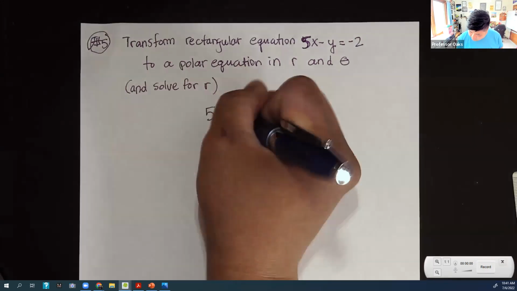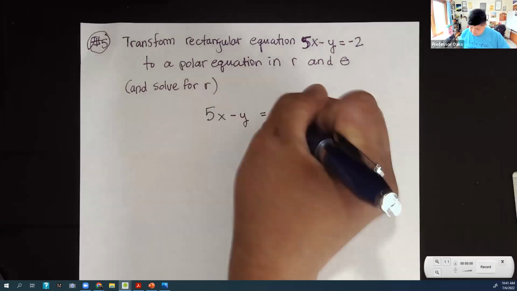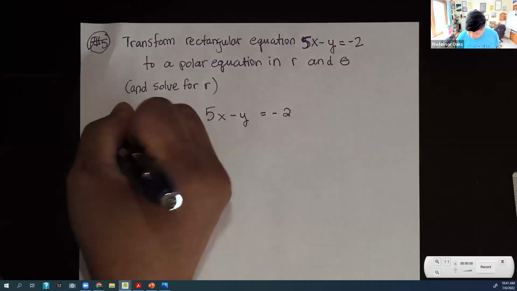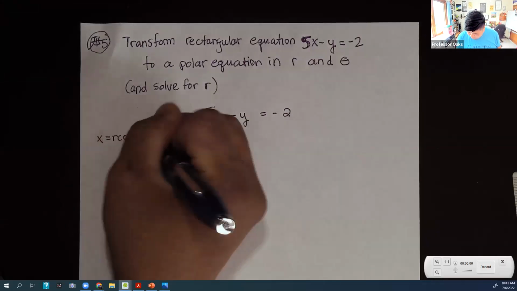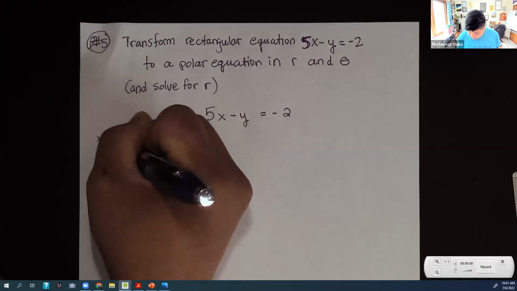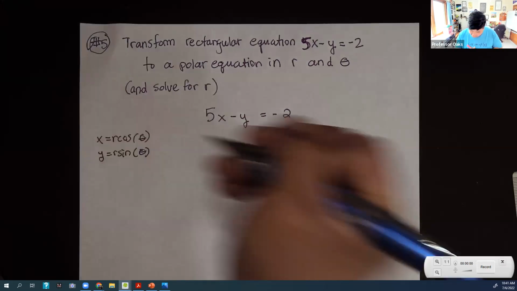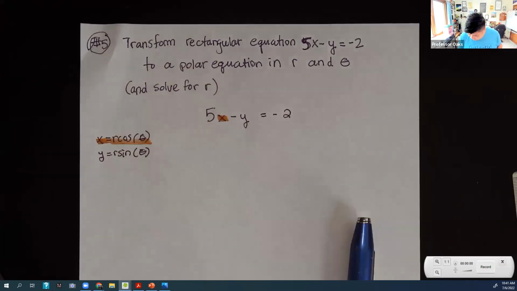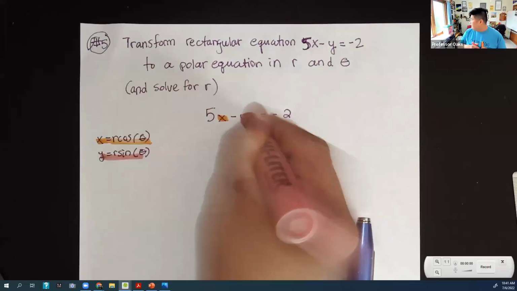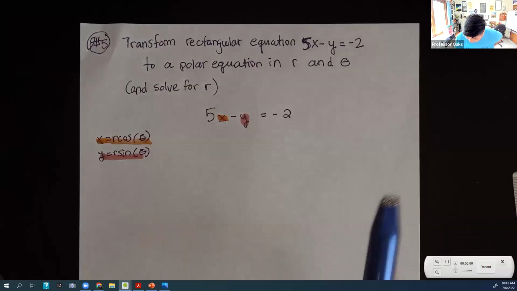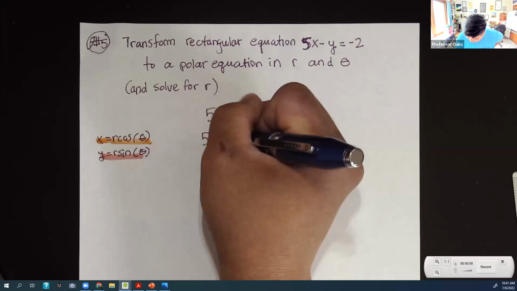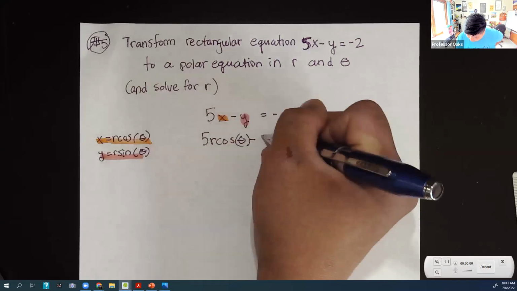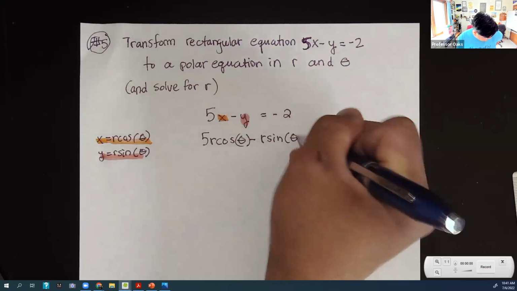So 5x minus y is -2. Remember that x is r cosine of theta and y is r sine of theta. If you substitute those in, I don't think it's too bad. So 5r cosine of theta minus r sine of theta equals -2.